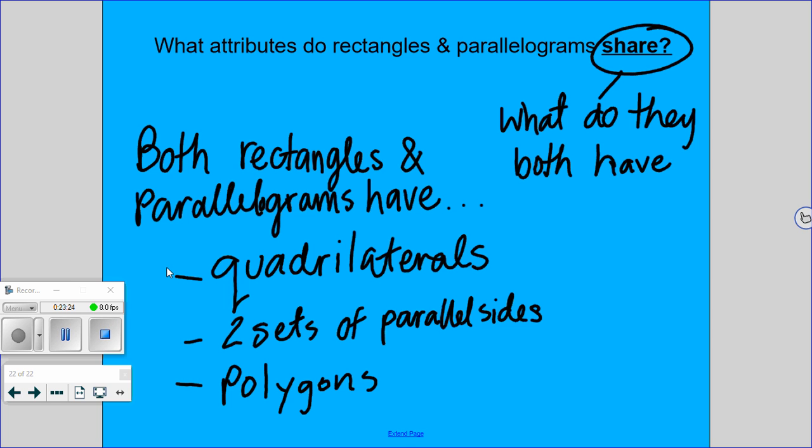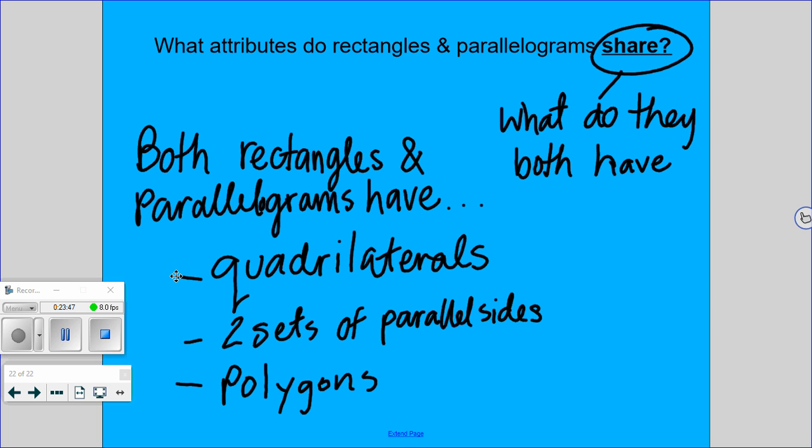And Ashlyn, you brought this up earlier. Really, the only difference is that our rectangles have to have square corners, where our parallelograms don't have to. A parallelogram can. There's no rule saying they can't have square corners, but they don't have to.